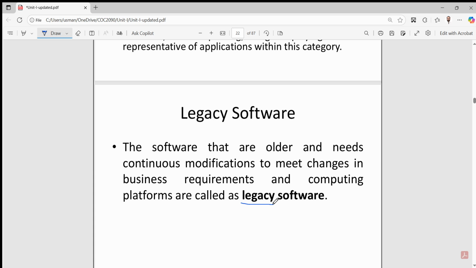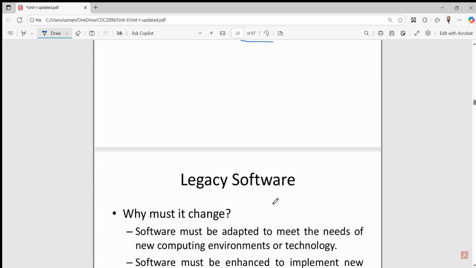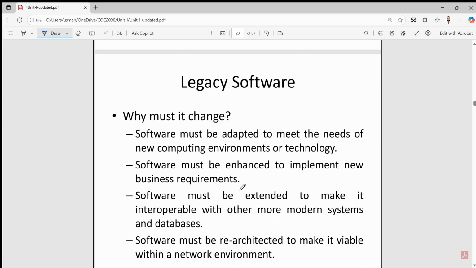Now if you don't change, what is the problem? Why should the change occur? The software must adapt to meet the needs of the new computing environment and technology. This is the first and foremost thing that the legacy system faces, right? Why should we change? Because there is a changing need that comes up every 6 months, or every 3 months, every month, and we have to incorporate those changes.